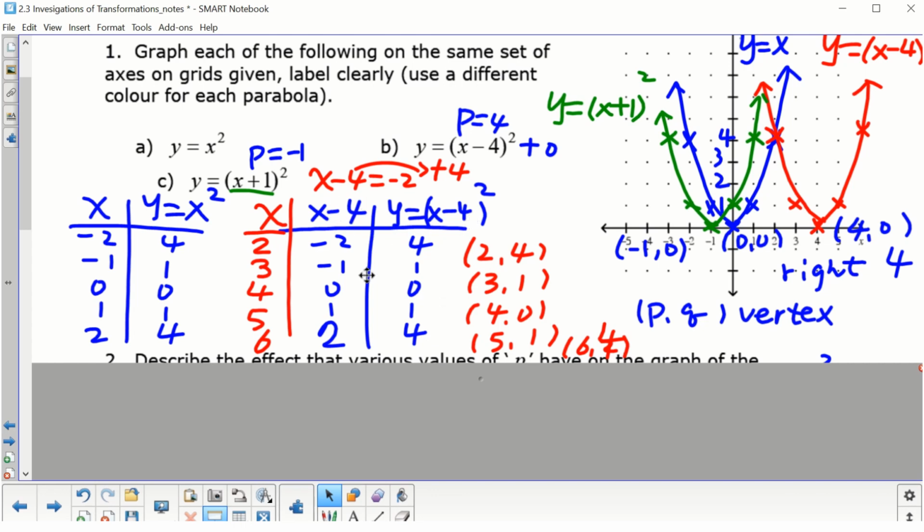But this is the x minus 4 value, not the x value. Then we solve for x. In order to solve for x, we let x minus 4 equal -2. When we solve for x, we move the -4 to the other side, it's +4. So that's the reason it's opposite. -4, then the x value is +4. On the graph it goes to the right 4 units.